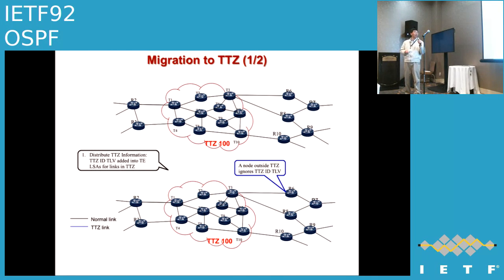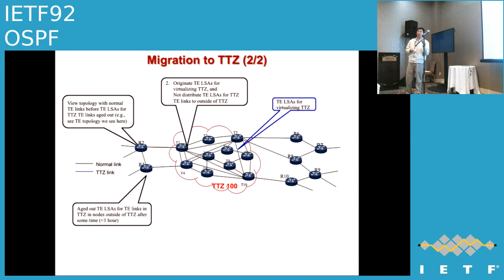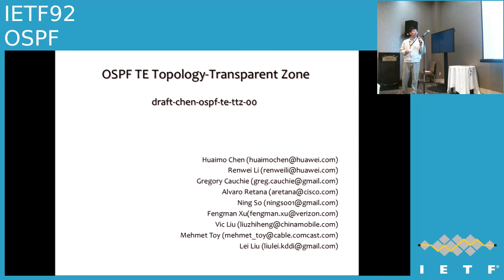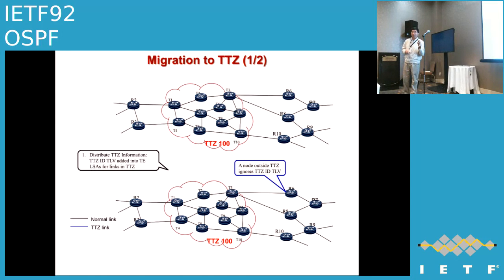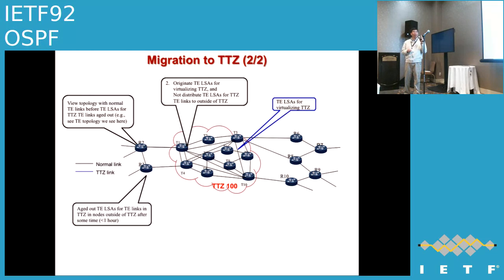So next page. After we distribute TDZ information, we migrate to work as a TDZ for this whole cloud. The edge node will generate TE LSAs to virtualize the TDZ, for the TE links between edge node and edge node.